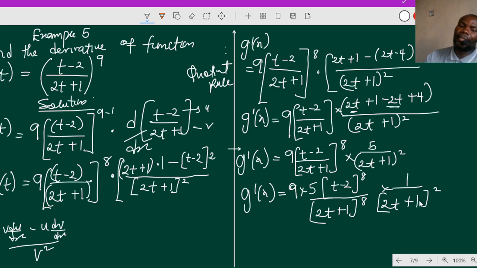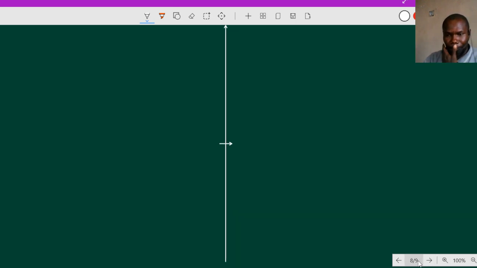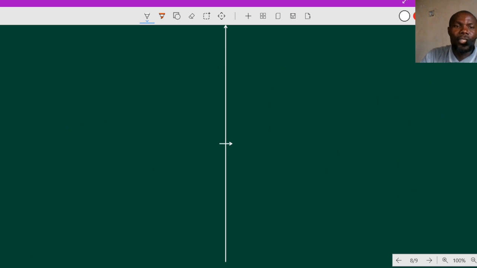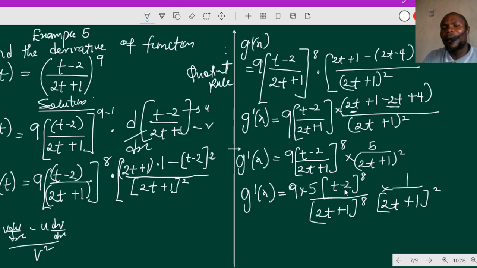I'm solving this step by step so you can get it clean and clear without any headache. So let's go to the next page. On the next page, we start from g of x equal to 45 onto bracket open. You realize that t minus 2 will now have raised to power 8.